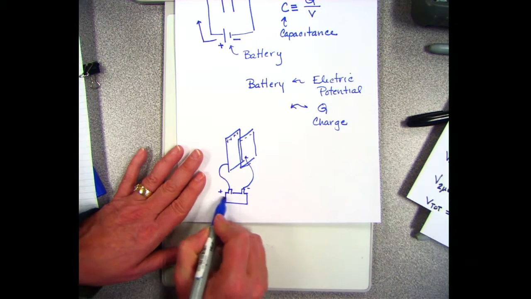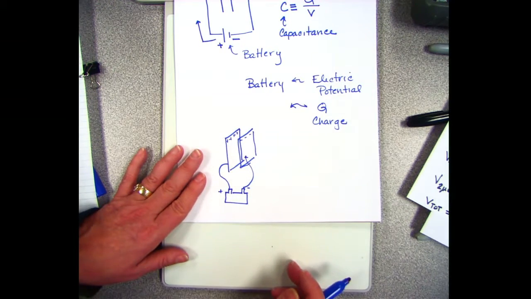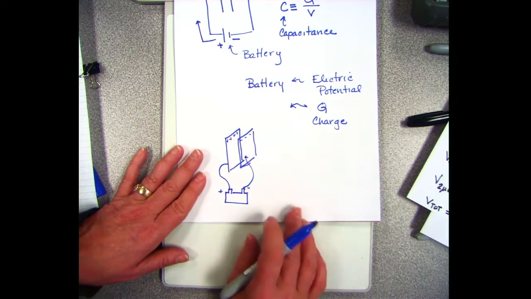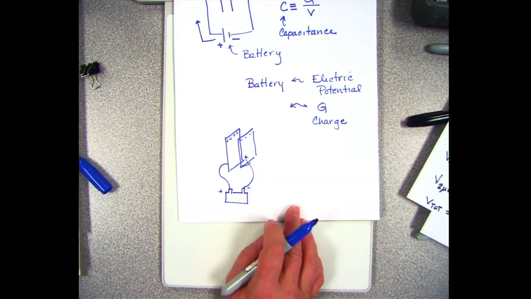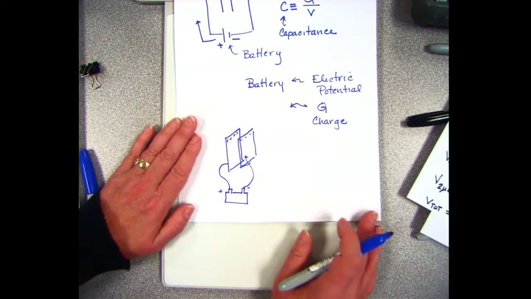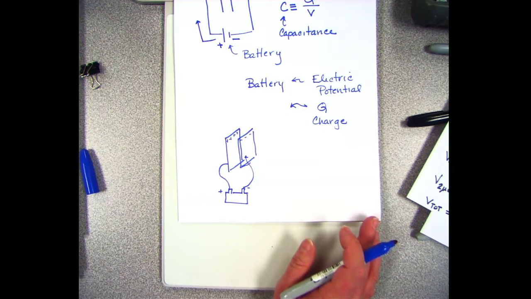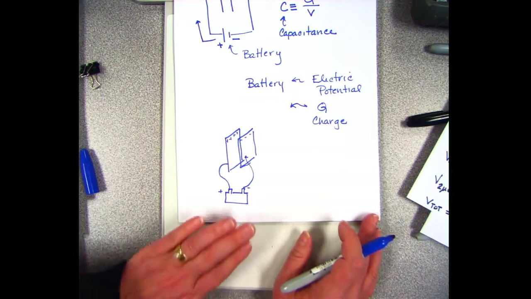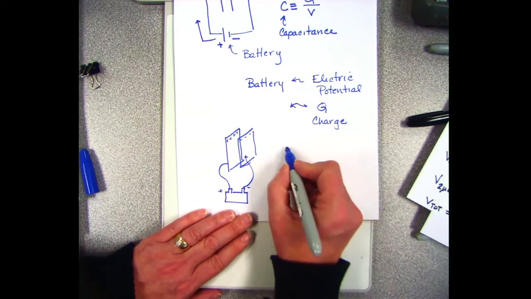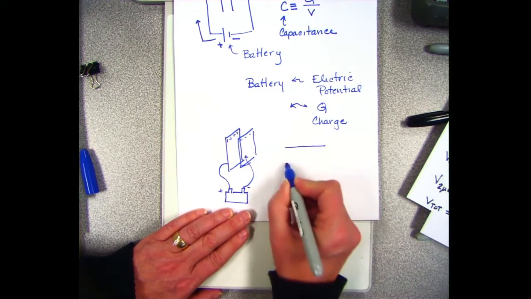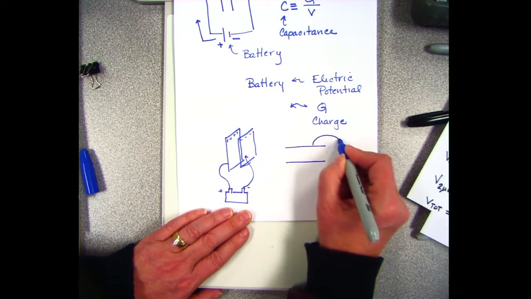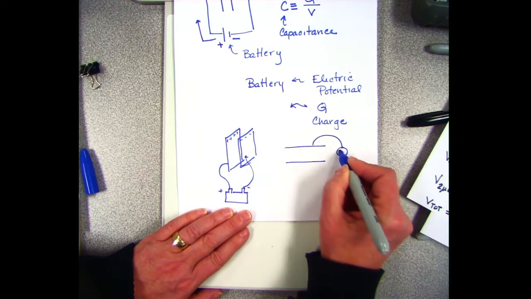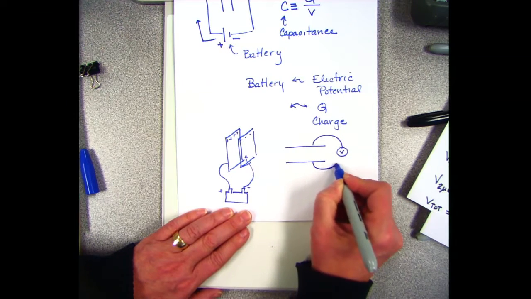If I want to go ahead and derive this, I can also draw a symbol for a capacitor that looks like this. So here's my capacitor looking at it side on. I've got an electric field that gets generated in here, so I get my uniform electric field.